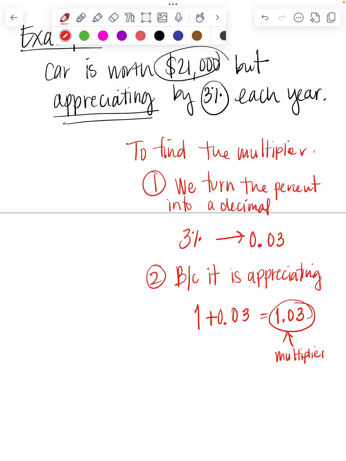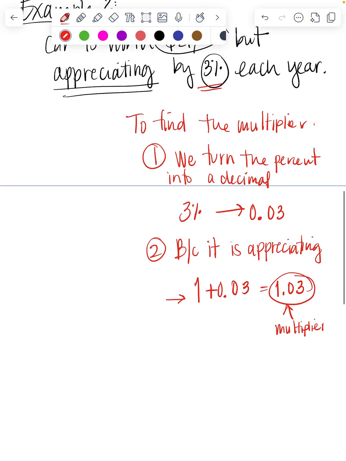This happens whenever we have percents in exponential functions: we need to add to 1 or subtract from 1. So if I wanted to write my equation, it will be y equals 21,000 times 1.03 to the power of x.